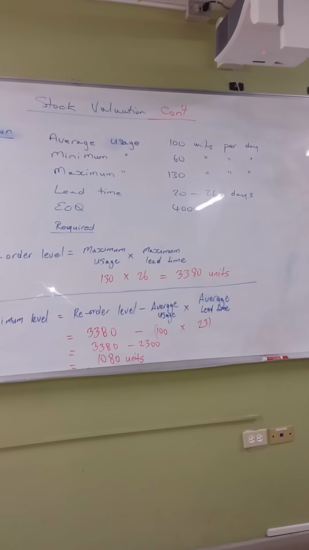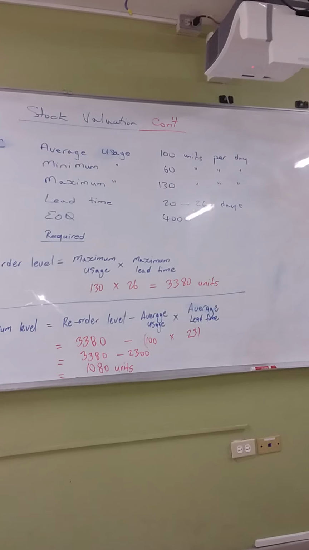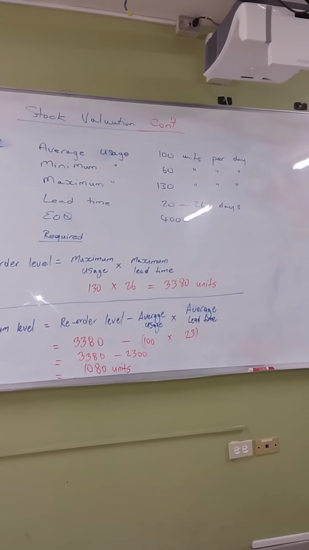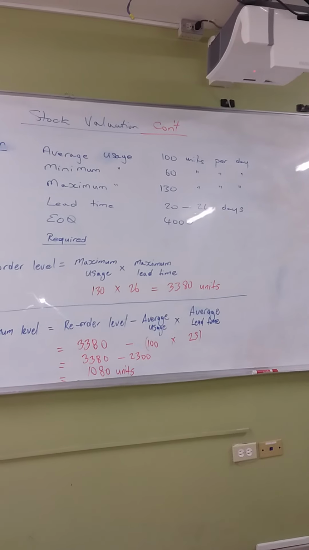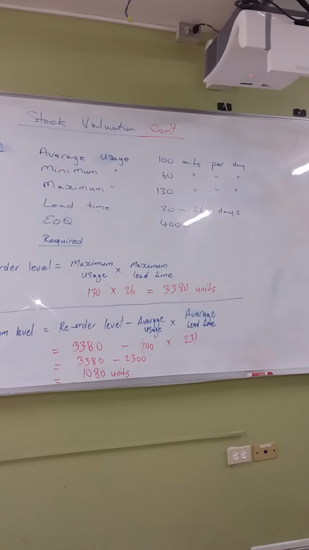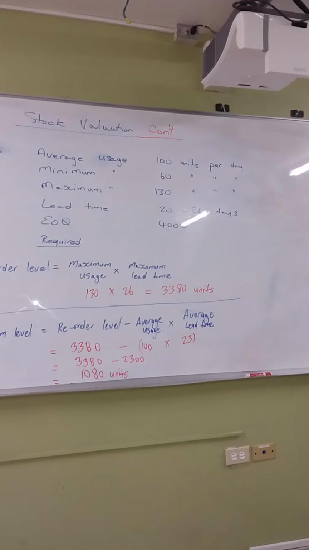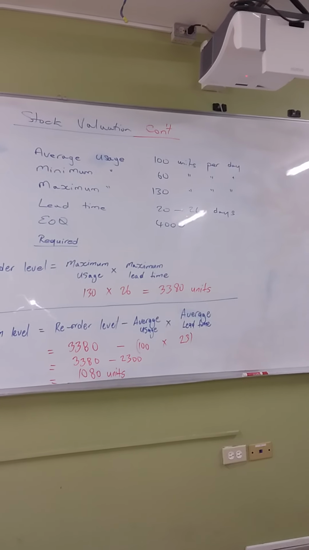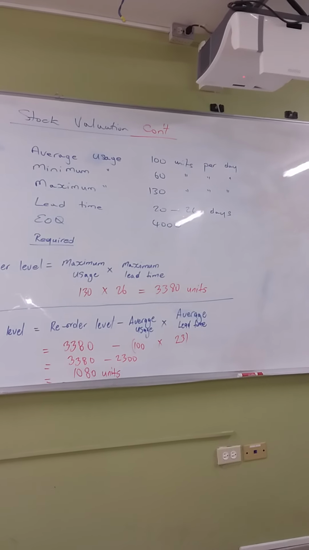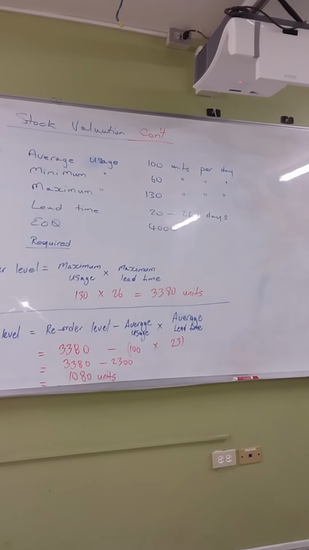Now, lead time looks at the time between placing an order and actually receiving the goods. Take, for example, if you were buying goods from a National Bakery, and they deliver bread to you. When you place an order, they say it will take anywhere from 4 to 6 days to deliver.